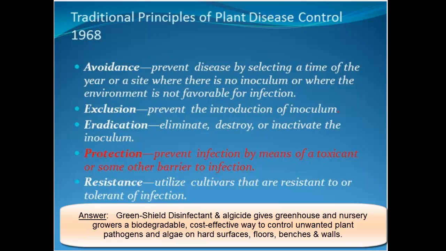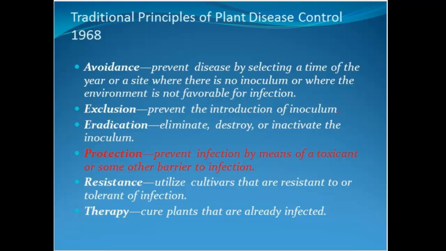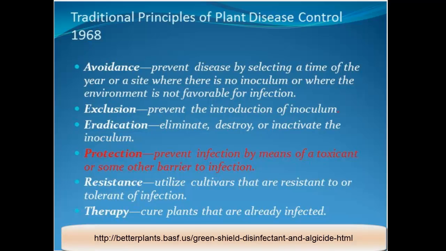We're going to skip eradication for the moment, and we'll finish up our talk today visiting a little bit about eradication. Next, we're going to skip to protection, which is preventing infection by means of a toxicant or other barrier to infection.